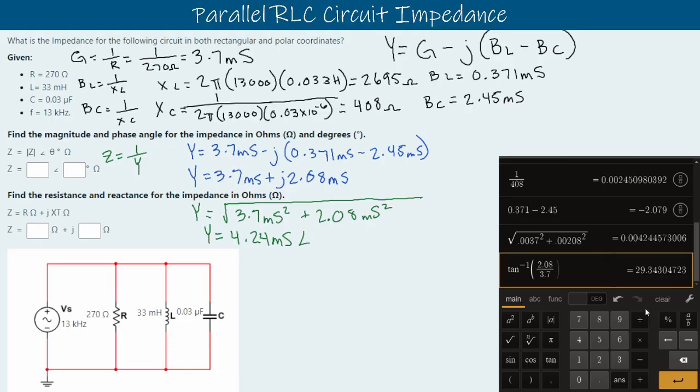So 29.3, 29.3 degrees. Okay, so that gets us polar form. We just need to invert this one more time.